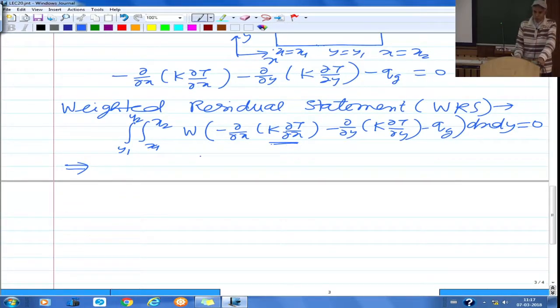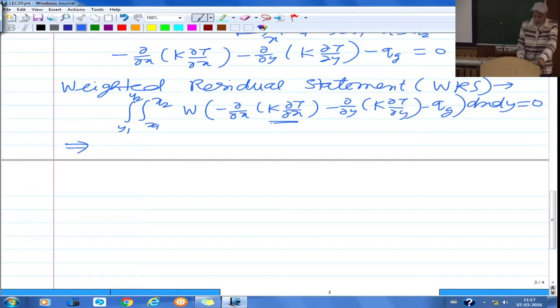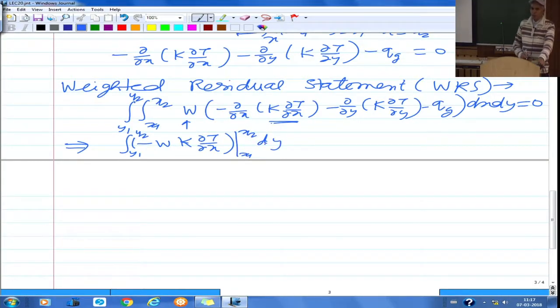The first term, which is usually the boundary term, will be minus w and the integration of this, which will give k into del T by del x. But the integration with respect to y will actually be there. So that is integration with respect to y here, and this expression is evaluated at x1 and x2, dy. So this will be the first term.